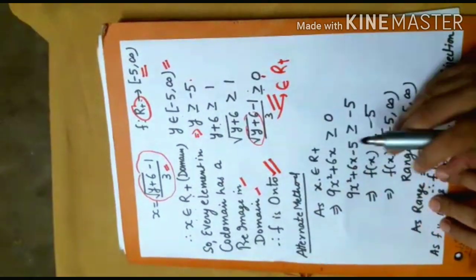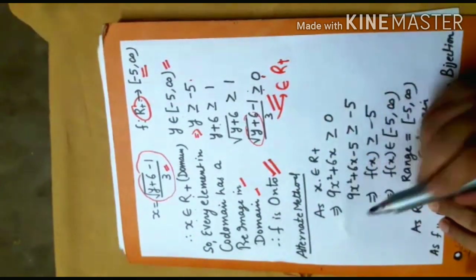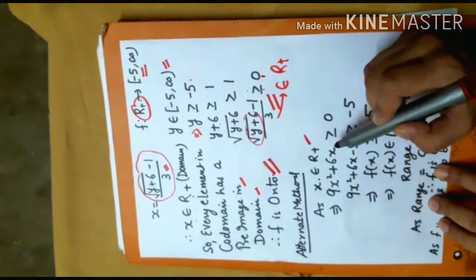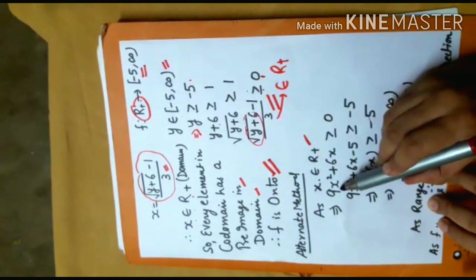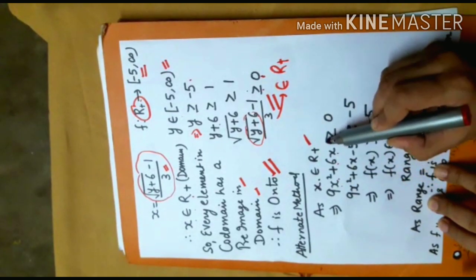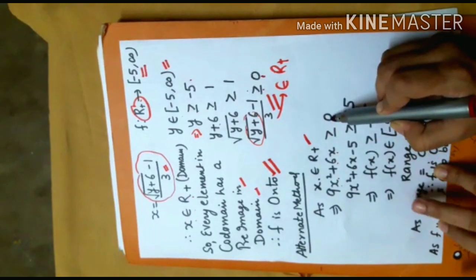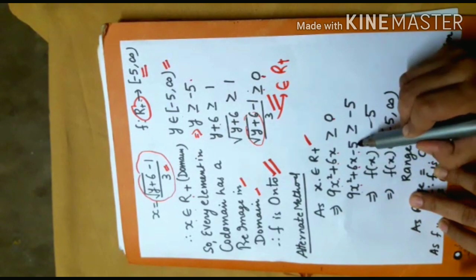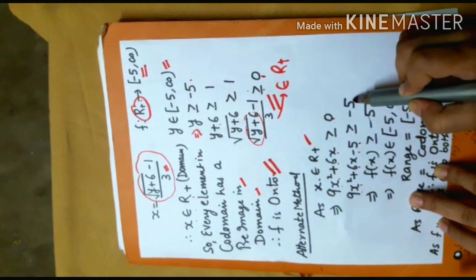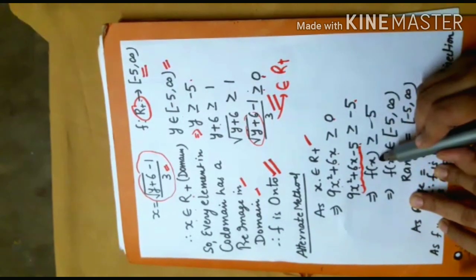Onto can be proved in another way also. Look here, x belongs to R plus. That means x is a non-negative real number. So 9x squared plus 6x will be greater than or equal to 0. So 9x squared plus 6x minus 5 will be greater than or equal to minus 5. Now this is your f(x).